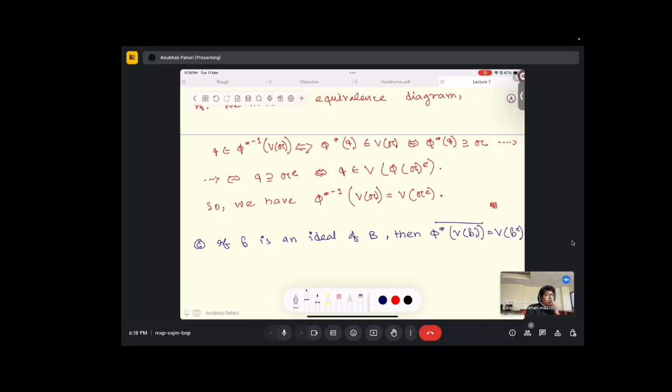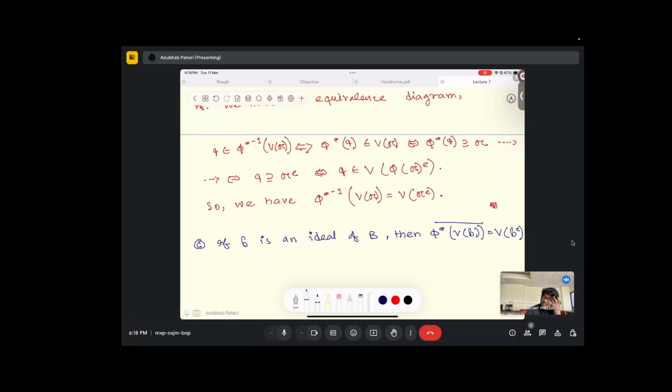So again, what you are seeing is that if you take a closed set, then you observe that the closure of its image is a closed set, and later you will be taking its generalization as the closed image of a map that is of this form.